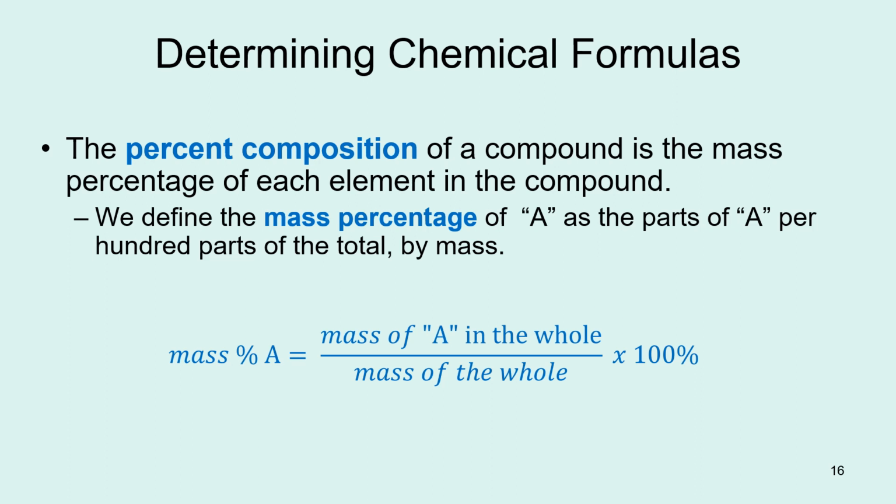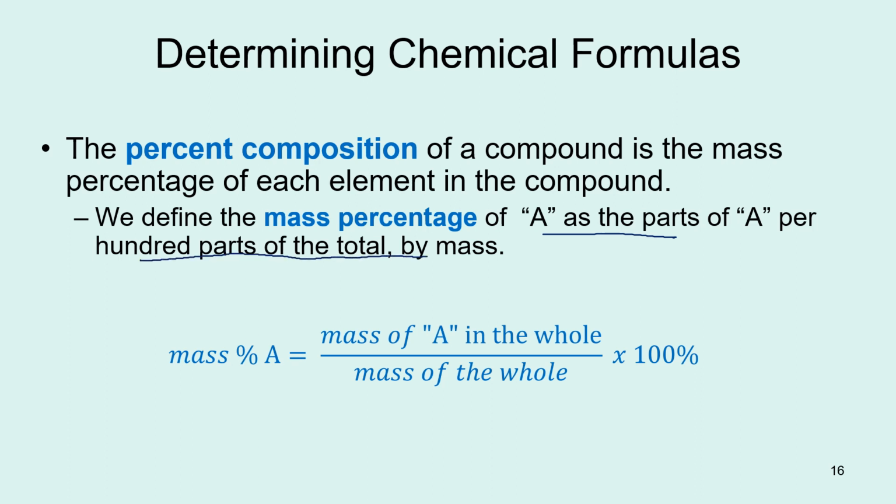What is the percent composition definition? The percent composition of a compound is the mass percent of each element in the compound. So mass percent is the mass of the part divided by the 100 grams of the total.